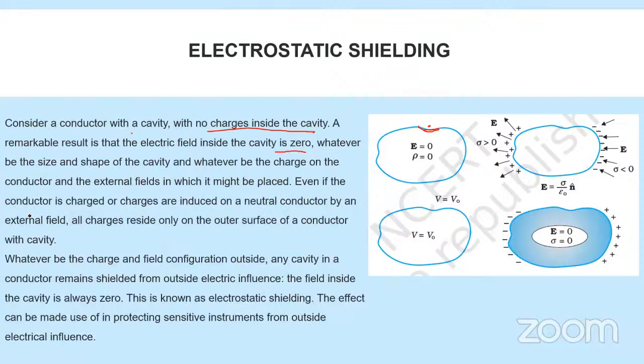Whether the conductor is charged, or a charge is induced on a neutral conductor by an external field, all the charges are only going to be on the outer surface of the conductor with the cavity. Inside the cavity it is going to be zero. So whatever the charge and field configuration outside, any cavity in the conductor remains shielded from the outside electric influence.